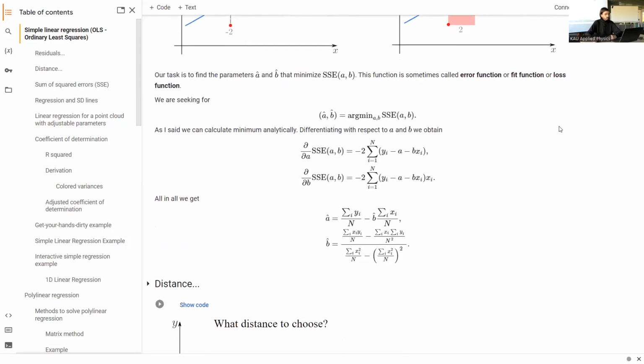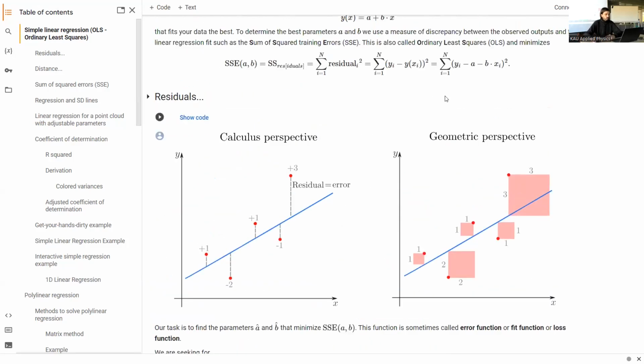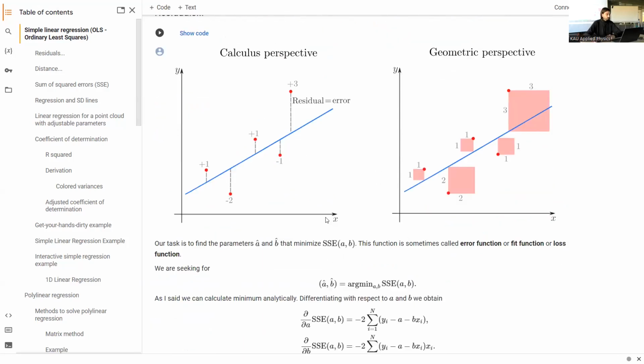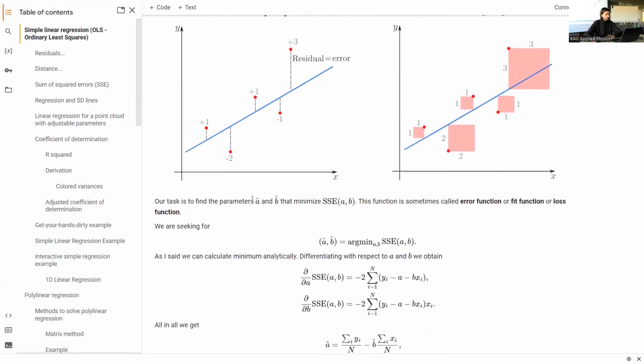Well, a little bit philosophical question for you. How do you think, why do we take differences along only the y-axis? Because y is dependent also on x, and it's probably some needed data.